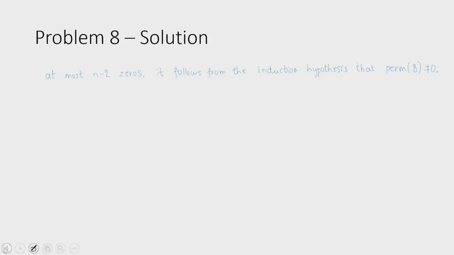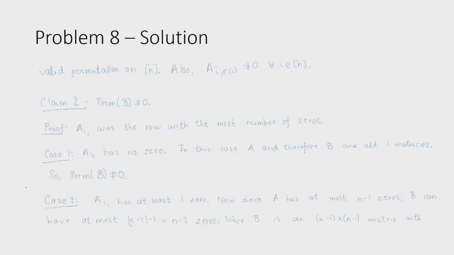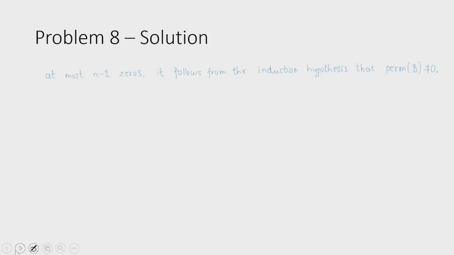And this is exactly what we want to prove over here. So this completes the proof. So the answer is n square minus n.